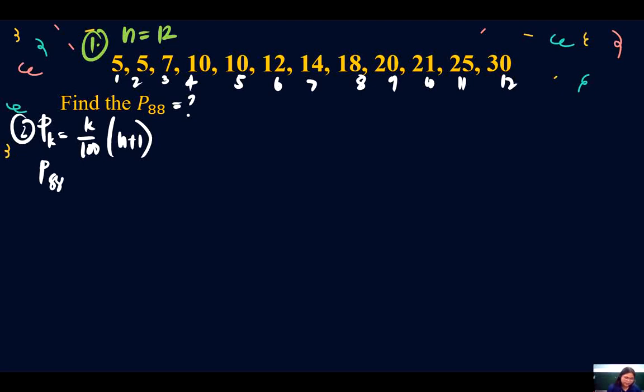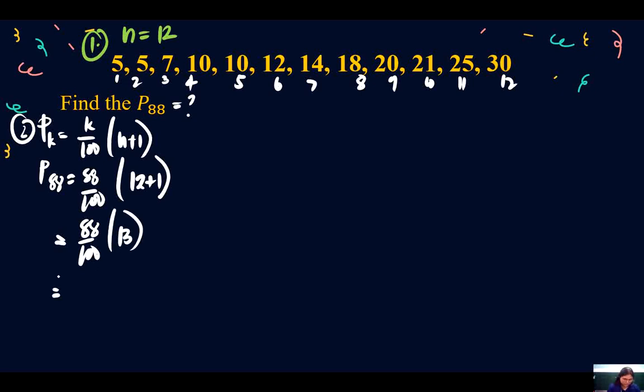P sub 88 is equal to 88 all over 100 times the quantity 12 plus 1. Let's simplify. So 88 all over 100 times 13. What is the answer? Let's input it in our calculator. Okay, so it is equal to 286 all over 25, which is equal to 11.44.